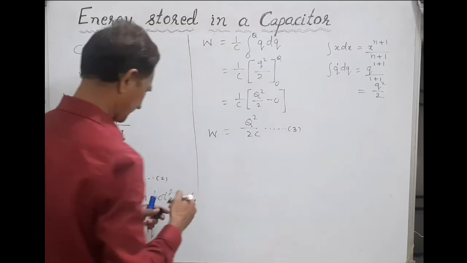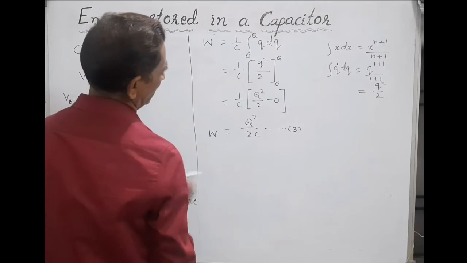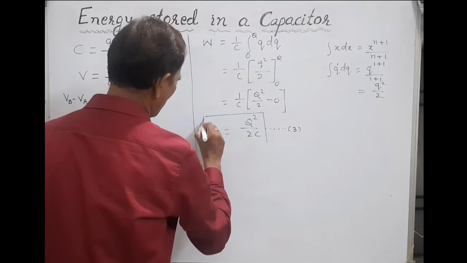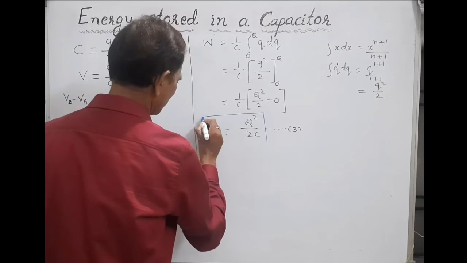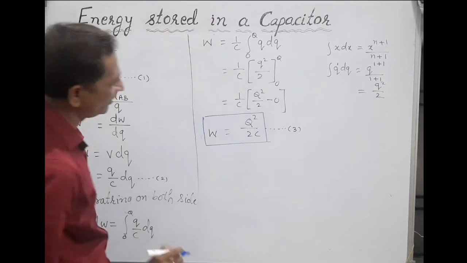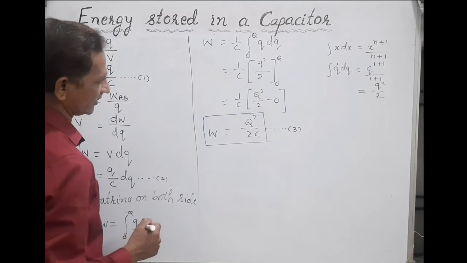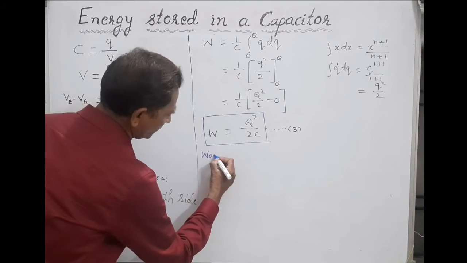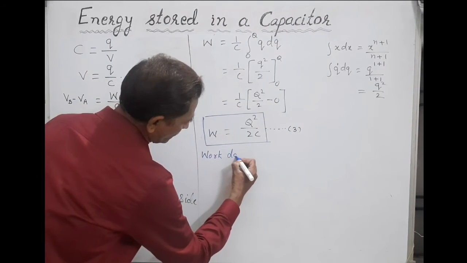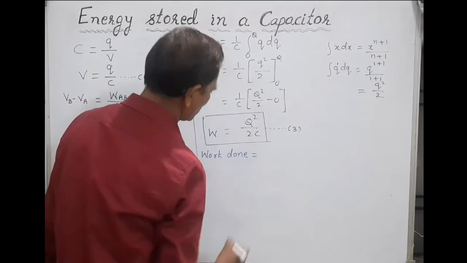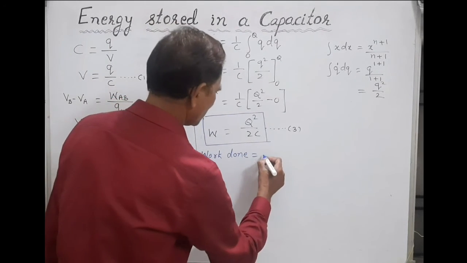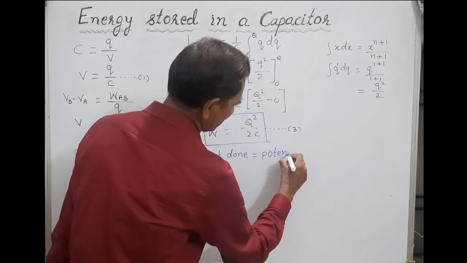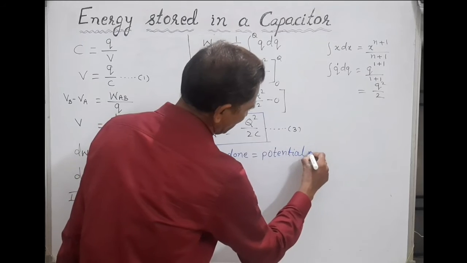Equation 3. This is the work done, and it is stored in the form of energy in between the plates of a capacitor. That is, work done is equal to potential energy.